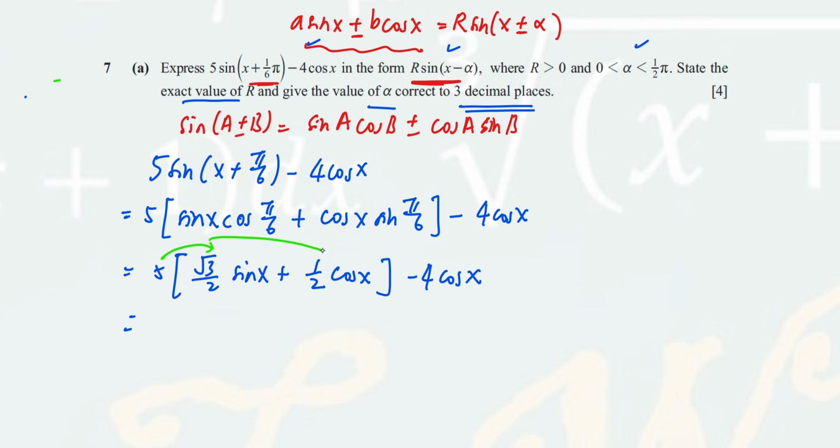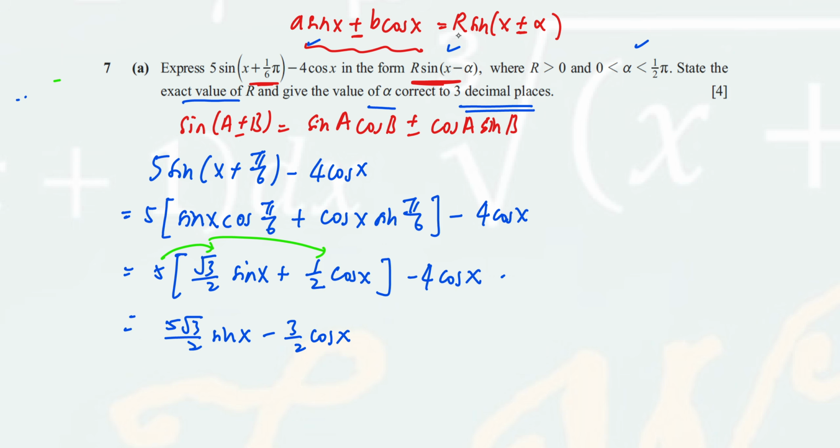And now you do expansion. This 5 multiplies. The first term you will get is 5 root 3 over 2 sine x. The second term you will get 5 times half, that is 5 over 2 cos x, minus 4 cos x. You will get minus 3 over 2 cos x.